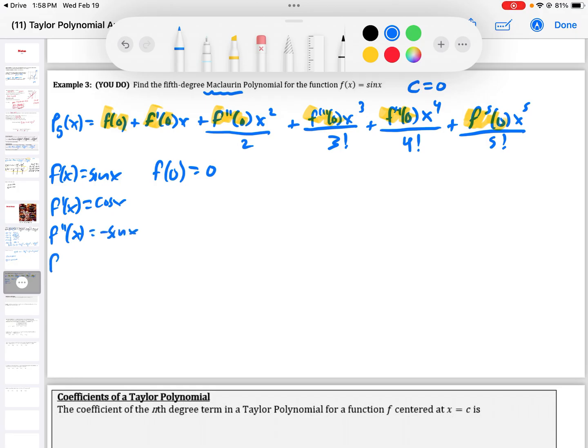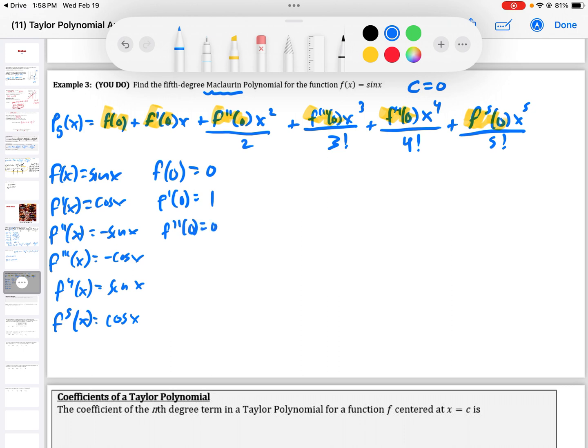The second derivative, the derivative of that, would be negative sine. Third derivative would be negative cosine. Fourth derivative, positive sine. Evaluated at 0 would be 0, 1, 0, negative 1.